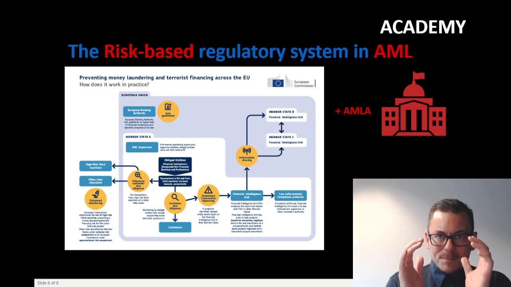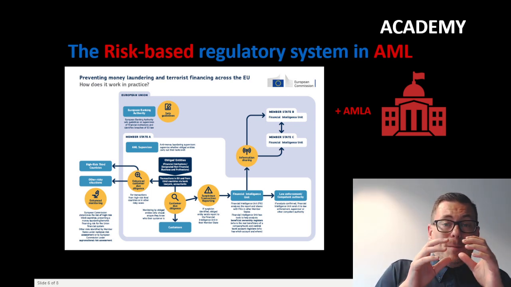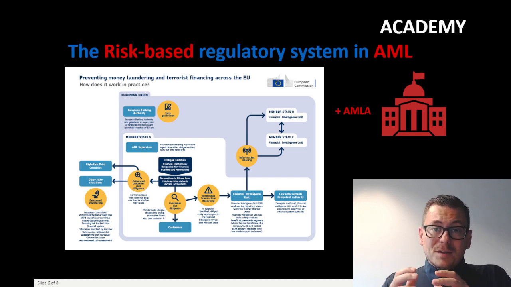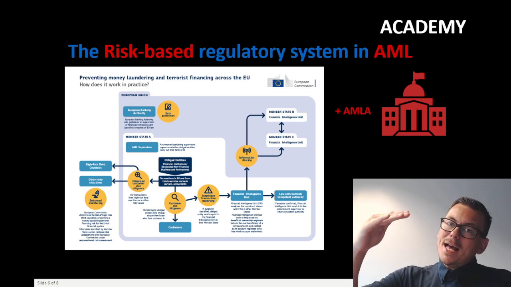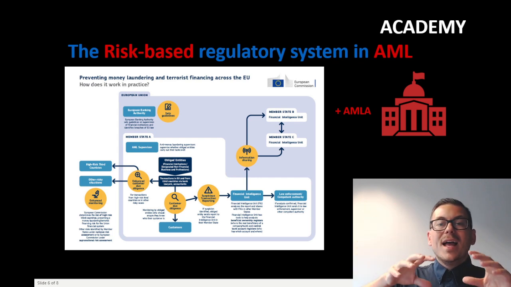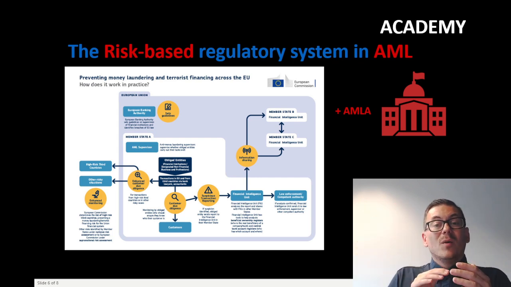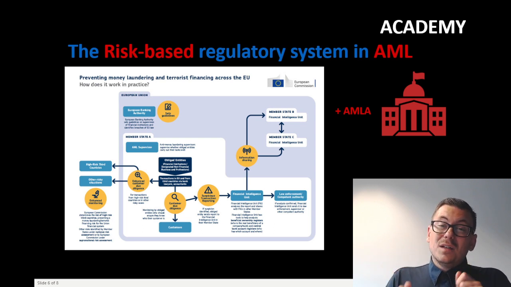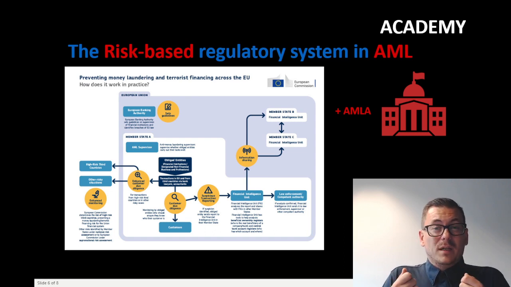Then you have a member state perspective, and within the member state you have the obliged entities, the national authorities, law enforcement, competent authorities, the FIU, and the customers. Depending on the scope, each perspective represents a different type of risk-based regulation, hence a different type of risk that you need to understand if you want to mitigate it.